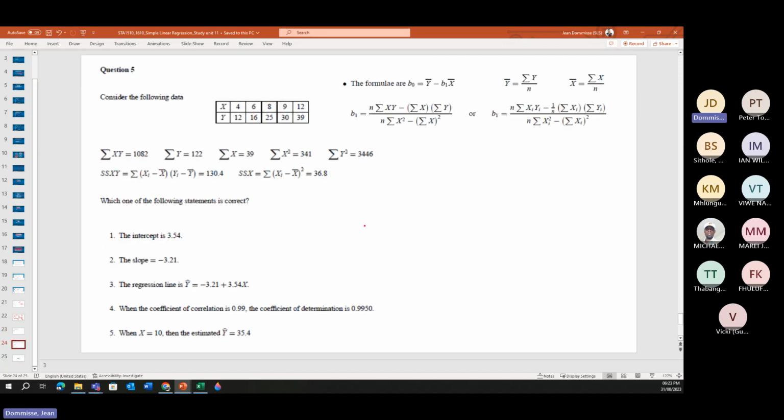Then here is now one. So again, they give you the data, but they also give you some extra information. So what I did was to say, okay, it might be that you need to use one of these formulas, or that one, or that one. There might be other formulas that you can also use.